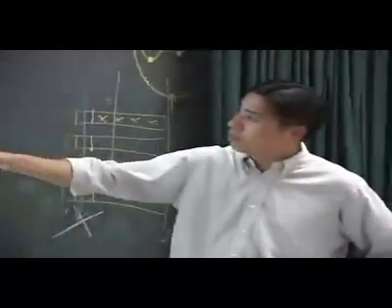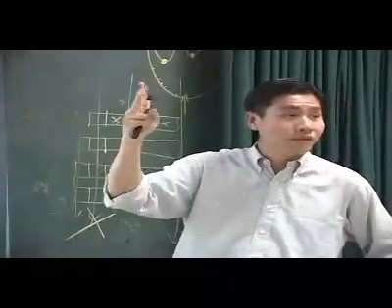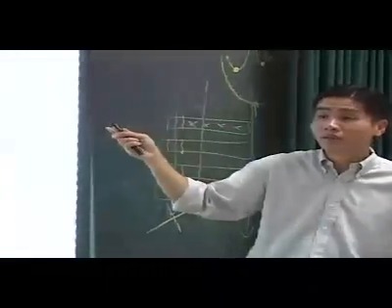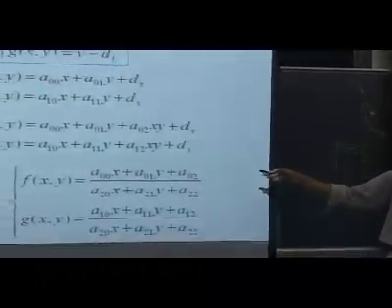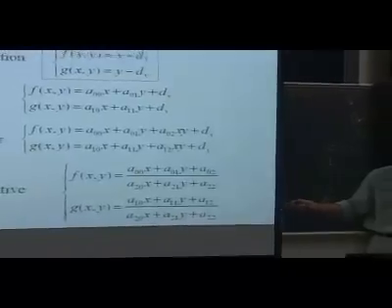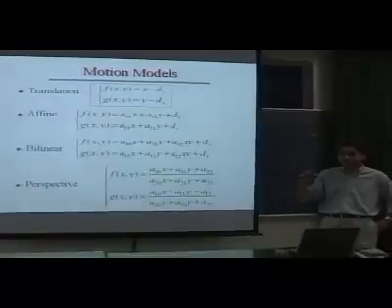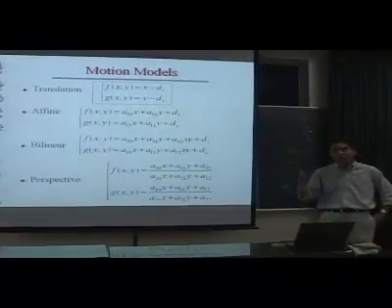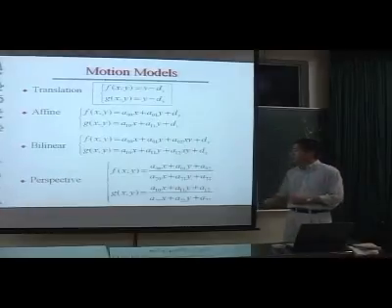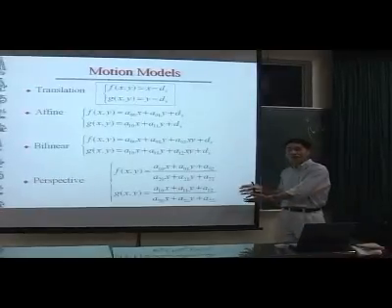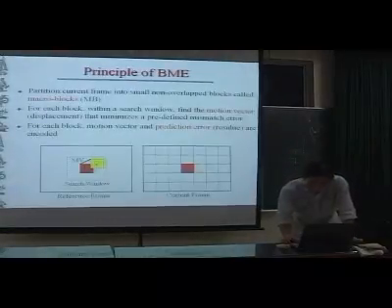If you use this model, you send two things over, dx, dy. If you use this model, how many do you have to send over? Six. And a lot of times, you will be trading off between the bit rate for your side information and the bit rate for your residue. So that's part of the problem.